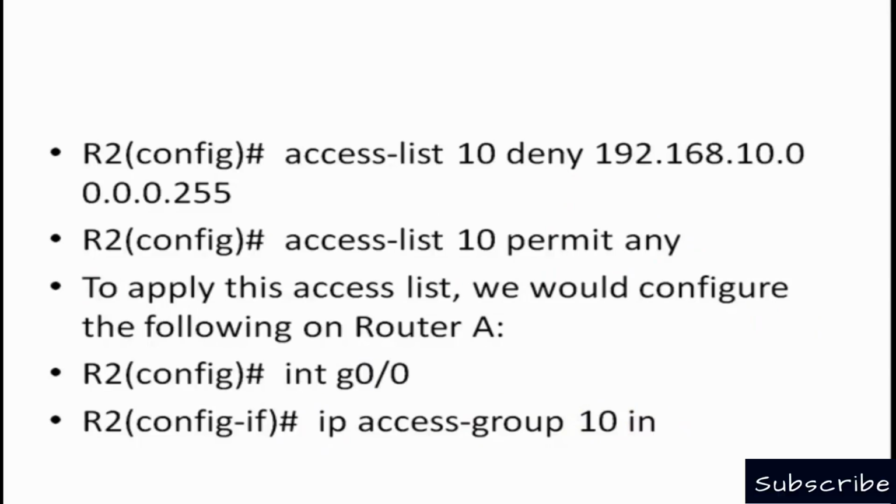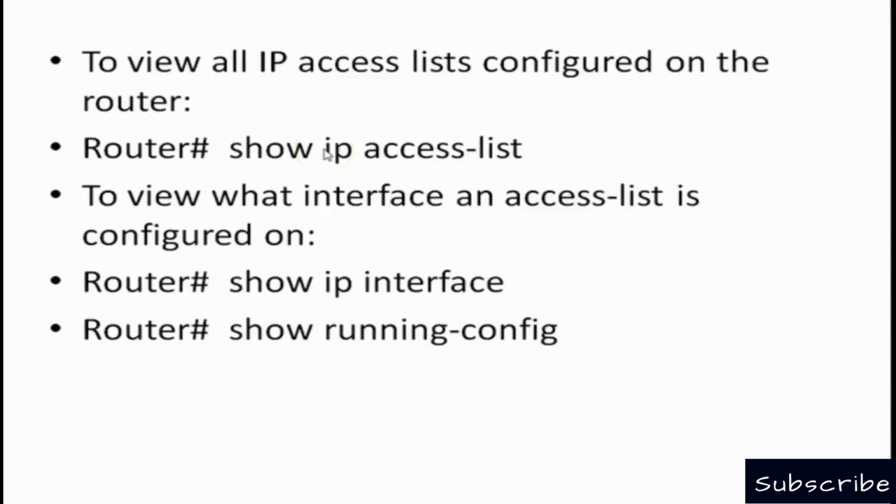That means when particular traffic comes to this interface, it will check this access list. If you want to check this configuration, you can use the command show ip access-list, and to view it on the interface you can write show ip interface or show running-config.